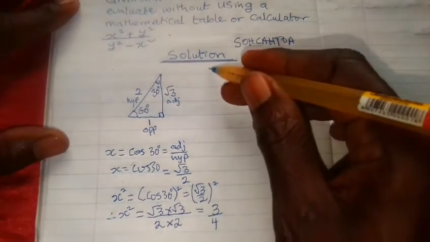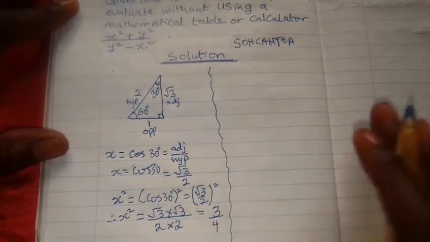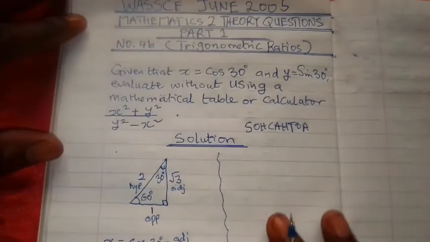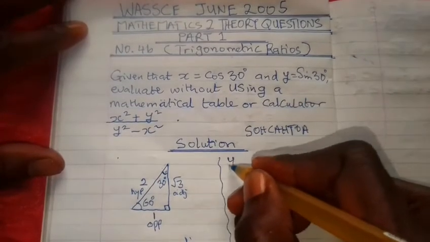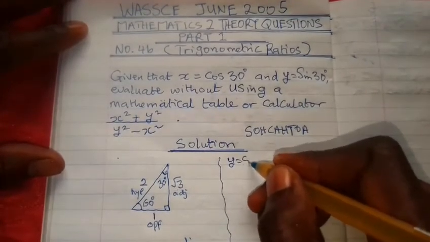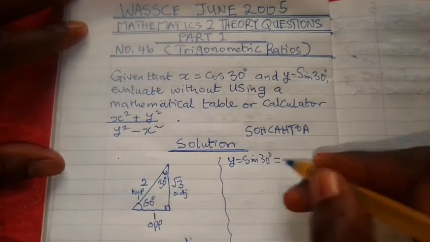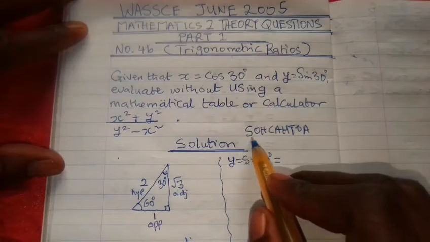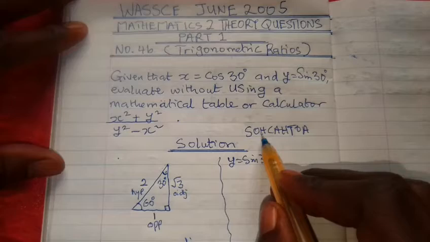Now let us quickly come to this side and do the same thing for y. Now we know that y has a value of what? Sine 30 degrees. And based on what we wrote here, the ratio for sine is opposite upon hypotenuse.